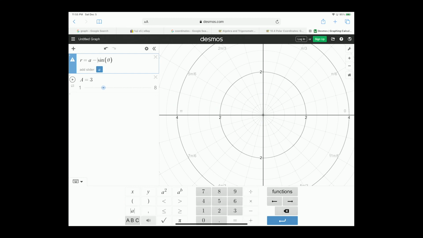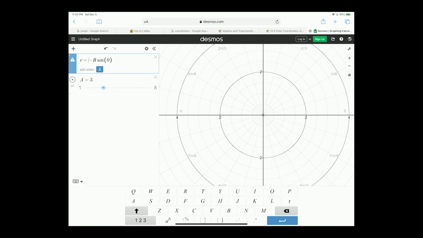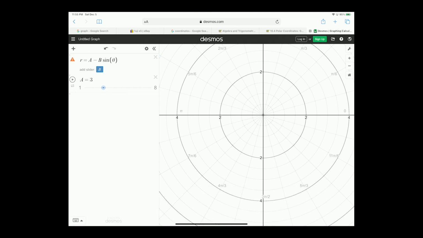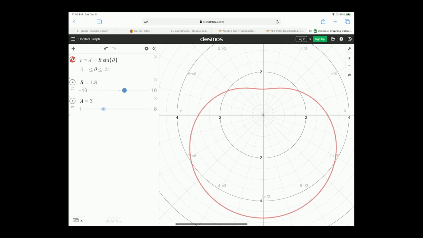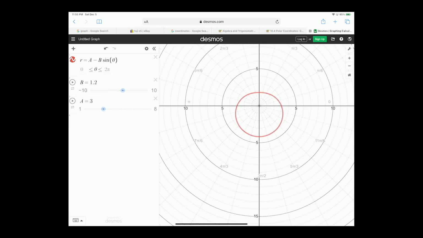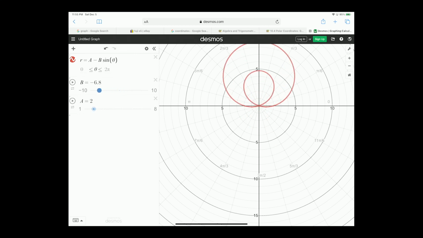Let me add a slider for B. So basically, what you've got here is you can go from a circle, if B is 0, and then as you change the constants A and B, it goes from a circle to what they call a limaçon, or butt, looks like a butt.